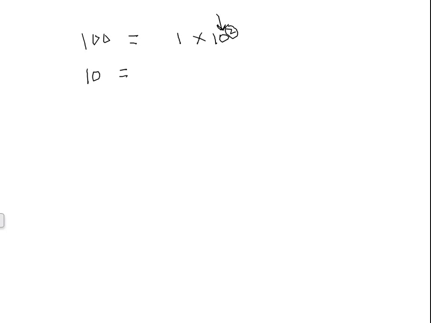The number 10 is 1 times 10 to the 1. The number 1 equals 1 times 10 to the 0. As you know, anything raised to the exponent of 0 equals 1. So 1 times 1 equals 1. And so on. You can go 1 times 10 to the 6th equals 1,000,000, 6 zeros.